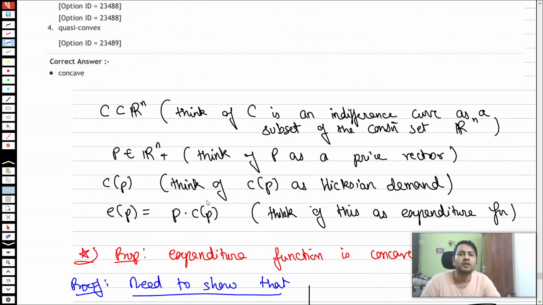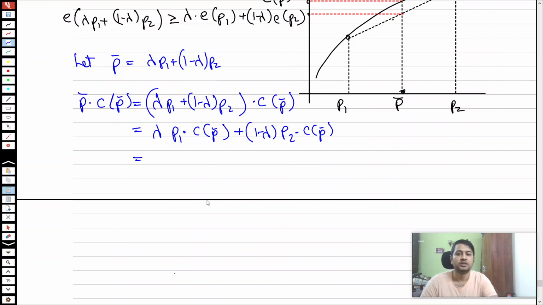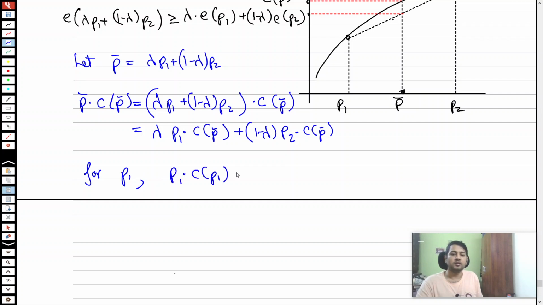Coming back, the property says that for any price vector, p dot c of p should be less than or equal to p dot c for any other bundle. So for p1, p1 dot c of p1 should be less than or equal to p1 dot c of p bar.